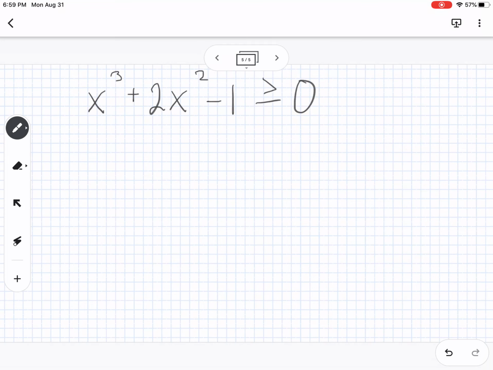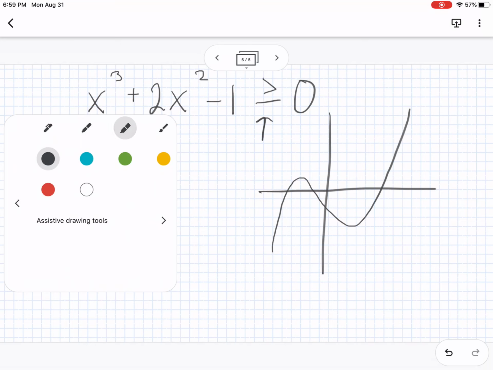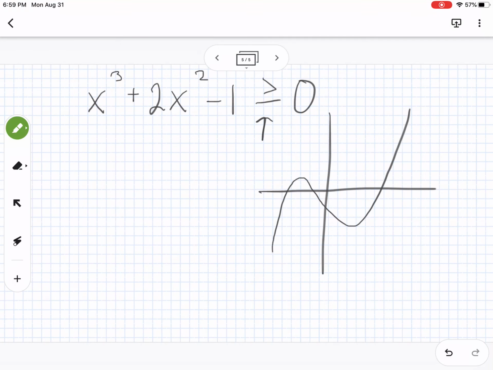Okay, so you can graph this on your graphing calculator or on Desmos, and if you graph it, you're going to get something that looks like this. And so this right here is telling us that we're looking for something that's above 0. So again, if I use my highlighter, this little piece right here and this little piece right here.